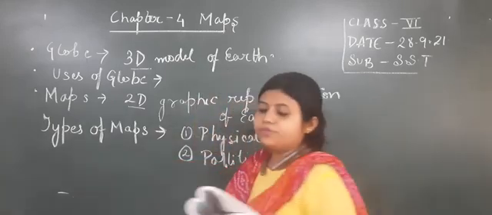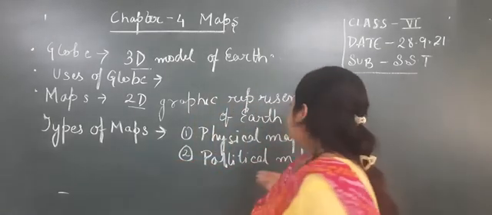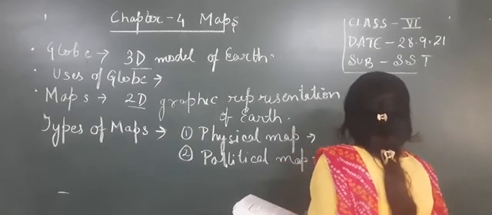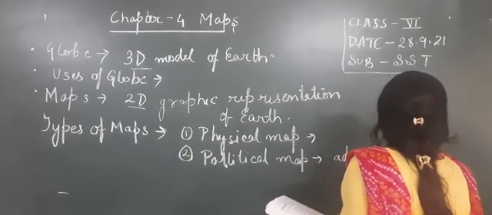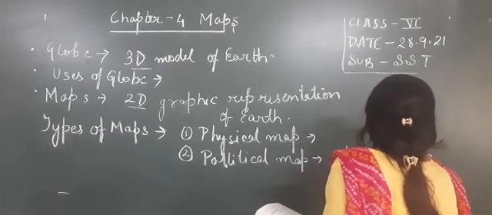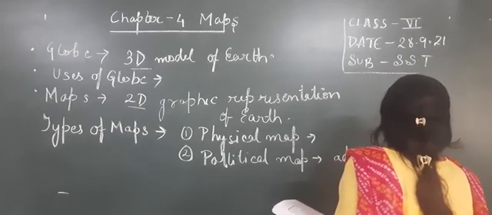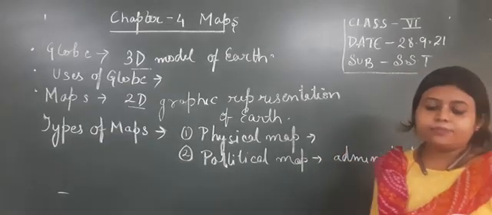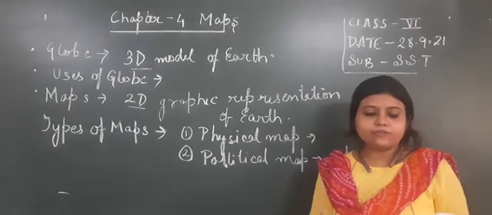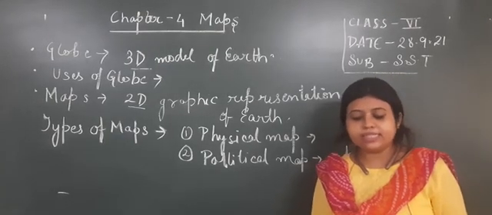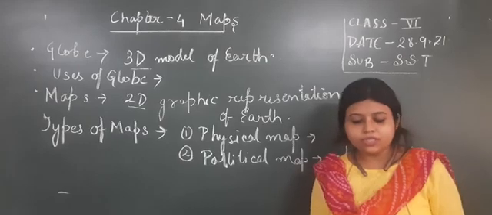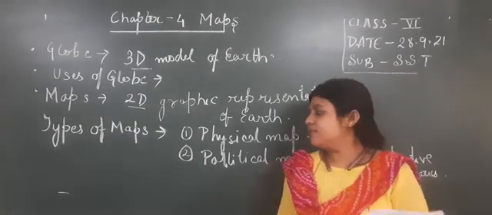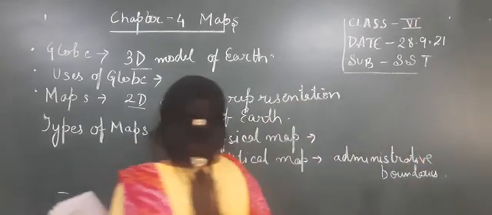They show administrative boundaries, like how the country is divided, then cities, towns, districts or villages, capitals and important cities also. Next after that, the third one is the thematic map.